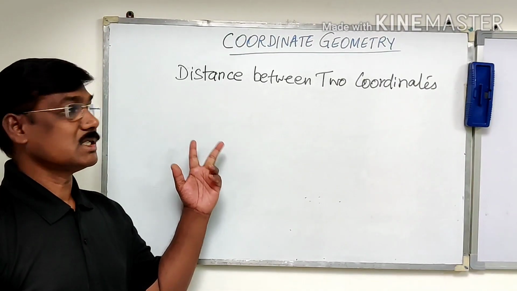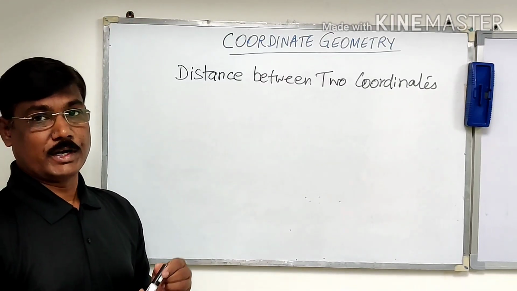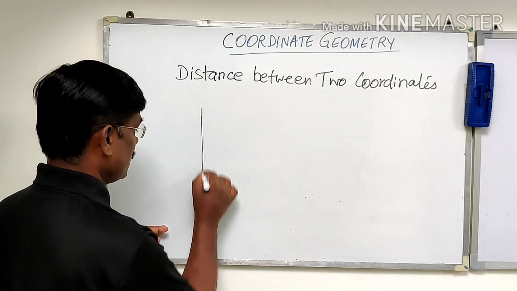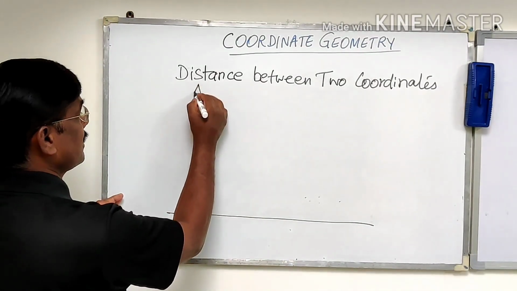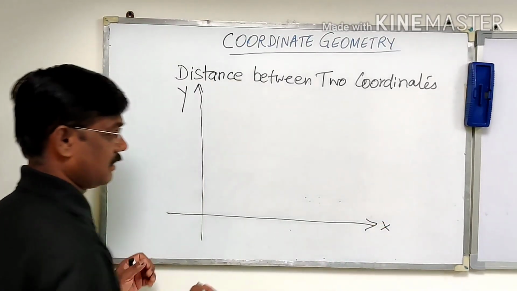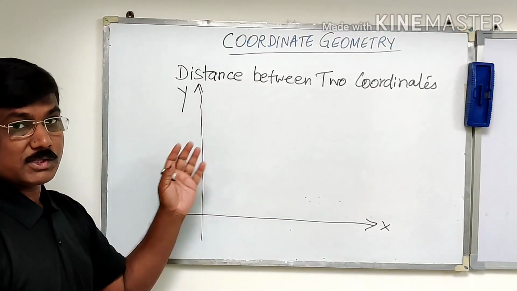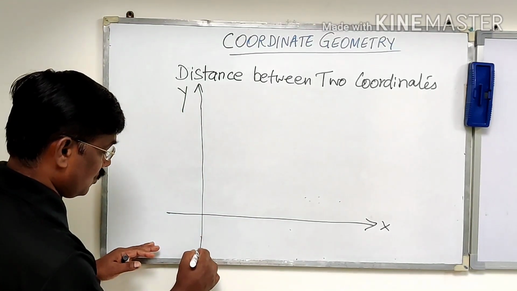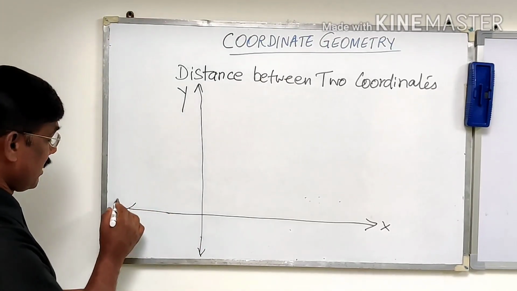The first concept involved in coordinate geometry is the distance between two coordinates. Suppose this is the x and y axis, this is y, this is x. For the time being, we will discuss only the positive x and positive y, because there are two more axes, that is minus x.